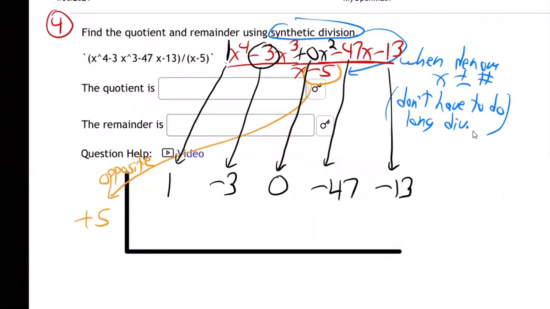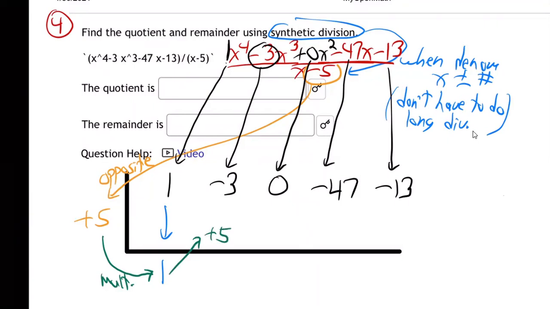All right, here we go. Bring this guy down. Remember the drill here now. We're going to multiply and write it right there. Plus 5.